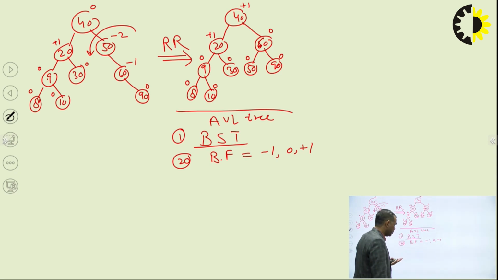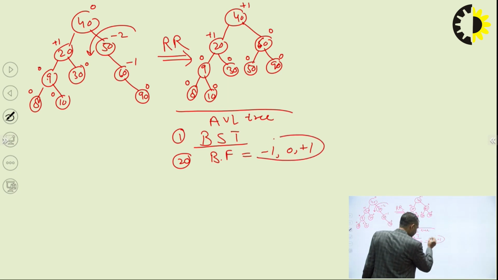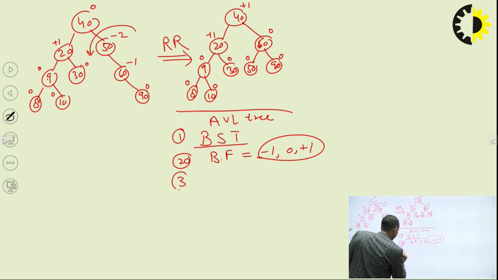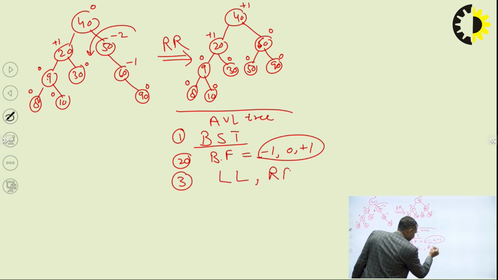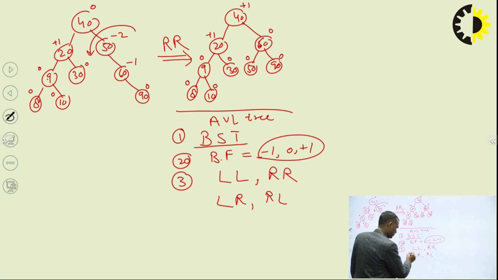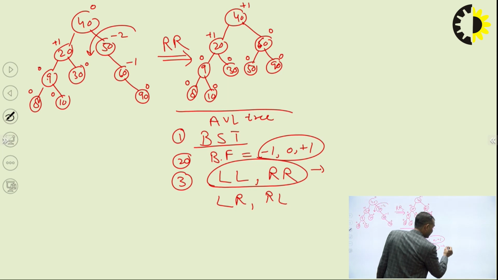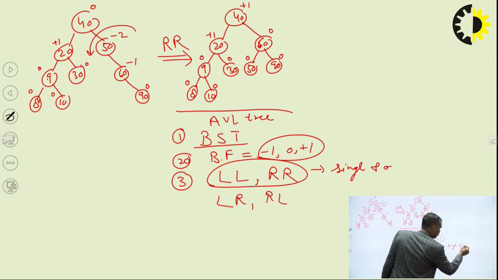If its value goes beyond this, we have to apply the rotations, and there are 4 types of rotations. LL and RR. Second, left right rotation or right left rotation. When we apply these 2 rotations, we rotate the tree a single time and in the opposite side.